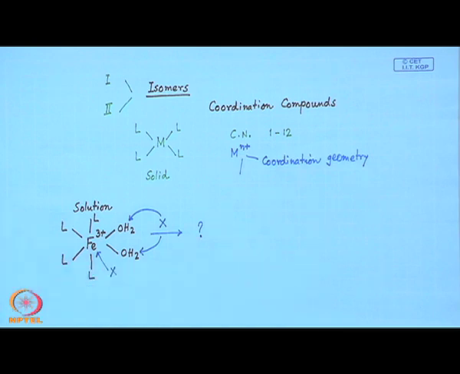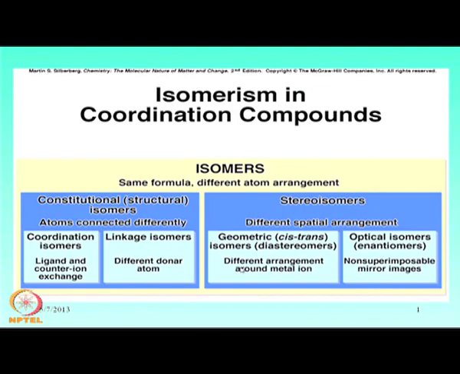So, what we see is that when we have different isomers from these coordination compounds, by definition they should all have the same formula, that means the same metal ions, same ligands and same other groups, but a different atom arrangement.